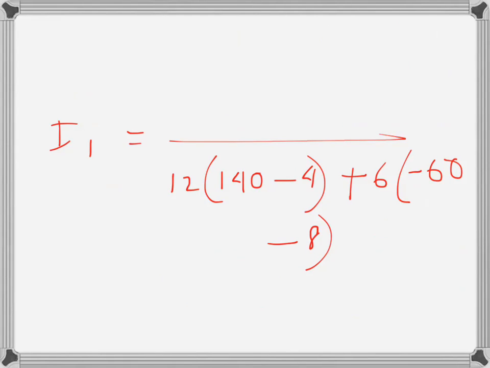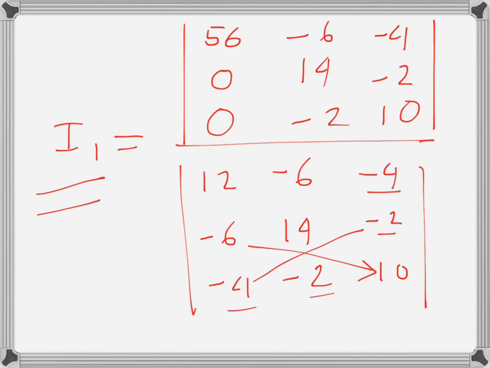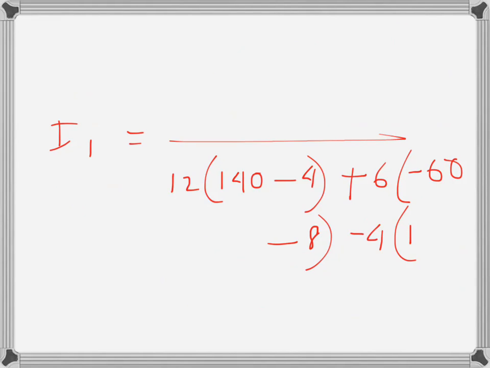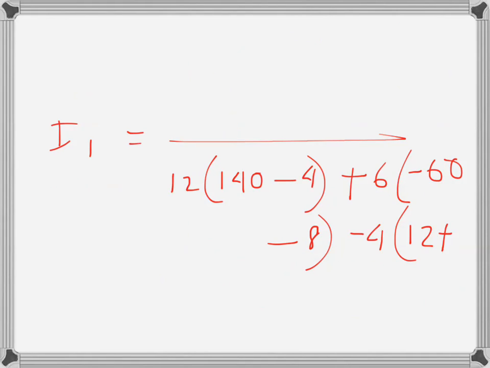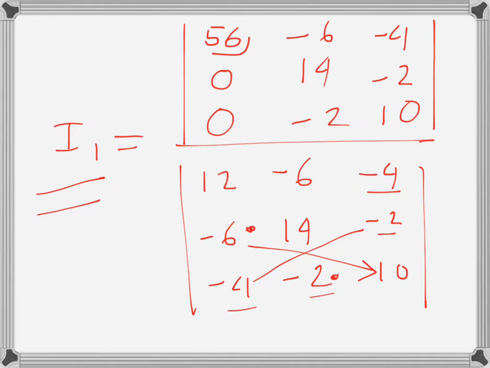And then finally the third one is minus 4, so that is 6 times 2 minus 14 times minus 4, which is negative 56, but with the minus sign it becomes positive, so plus 56 there. So that is the denominator.